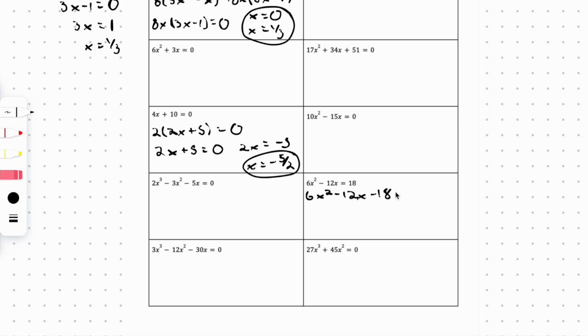And so our a, b, and c values are 6, -12, and -18. So when this comes up on a test, you won't know what strategy to use, whether it's difference of squares or using GCF factoring.